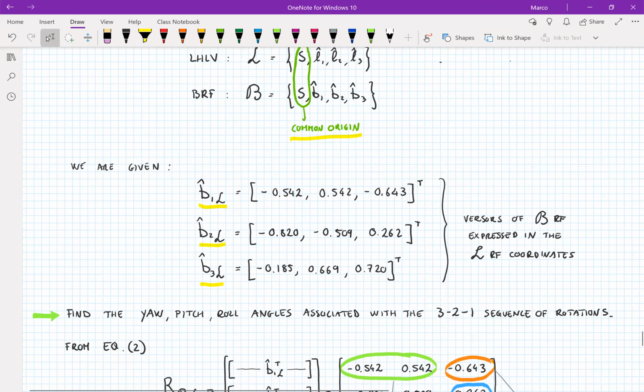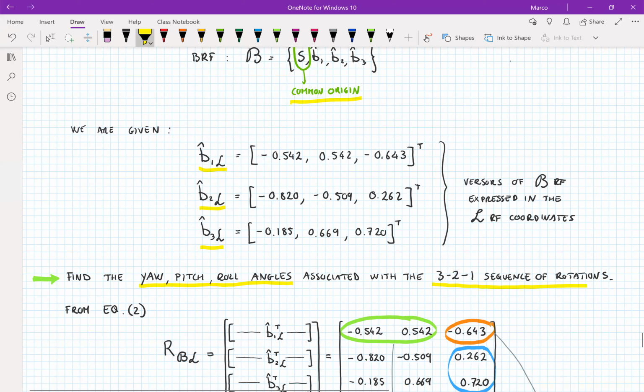And so in this case, we have minus 0.542, 0.542, minus 0.643, and so on and so forth for the others. The question is, can we find the yaw, pitch, and roll angles associated with the 3-2-1 sequence of rotations that will actually give us these versors?